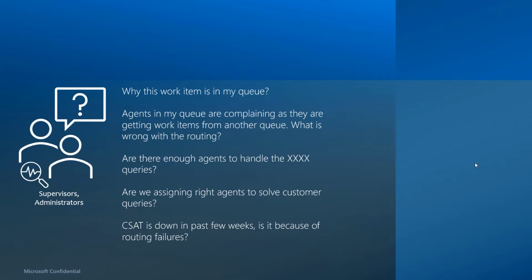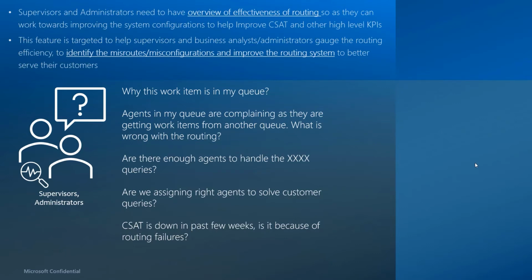That's why we have realized that supervisors need a peek into how effectively routing is driving their entire contact center, and how this entire routing setup is impacting the higher-level KPIs that businesses are tracking.